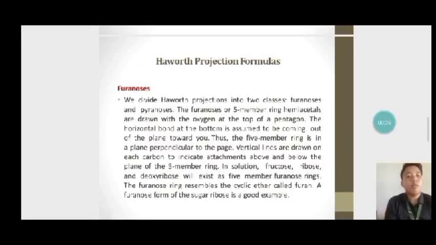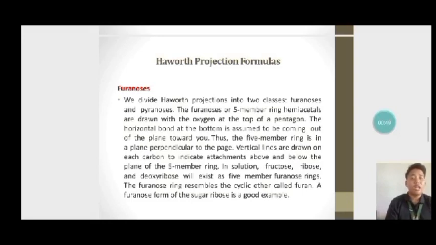We divide Haworth projection into two classes, the furanoses and the pyranoses. The furanoses, or 5-member ring hemiacetals, are drawn with the oxygen at the top of the pentagon. The horizontal bond at the bottom is assumed to be coming out of the plane towards you.